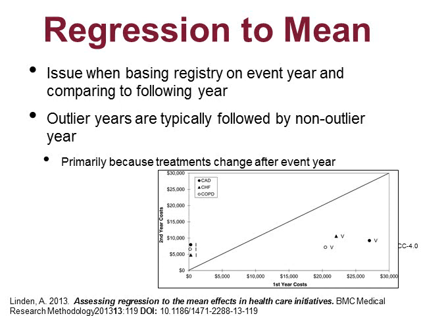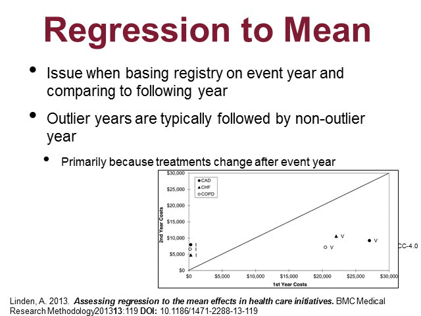So outlier years are typically followed by non-outlier years. Now I would think that would probably also extend to the reverse. So if you put a cohort of patients together that had virtually no medical expenses in a year, chances are in the following year they will, as a group, have slightly higher medical expenses, and even a few of those people might have significant medical events.